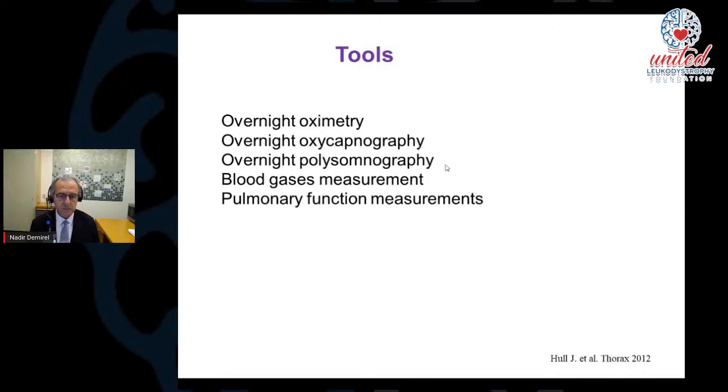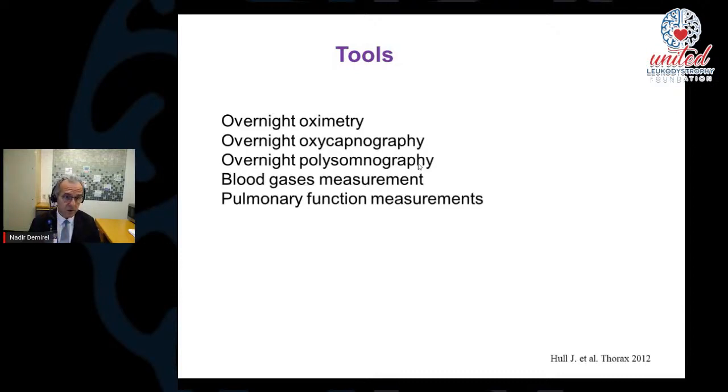The third tool is overnight polysomnography, which is a sleep study. During a sleep study, we get much more information. We get the two pieces of information I mentioned from the first two tools, but we can also measure the airflow moving in and out through your nose.